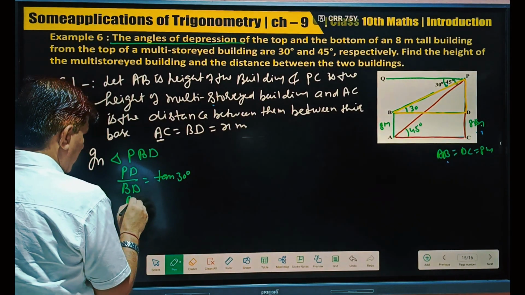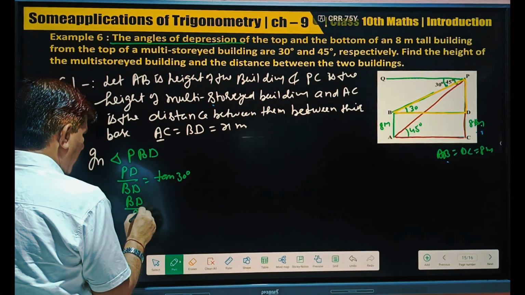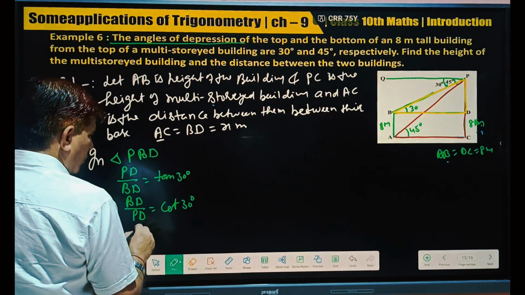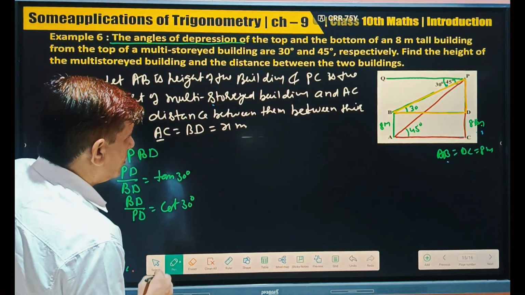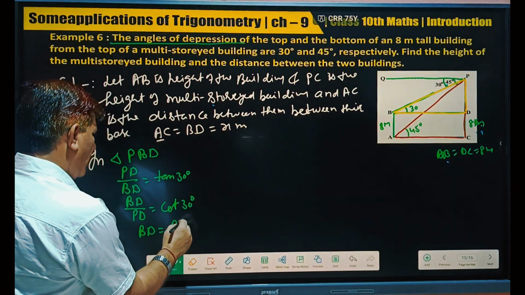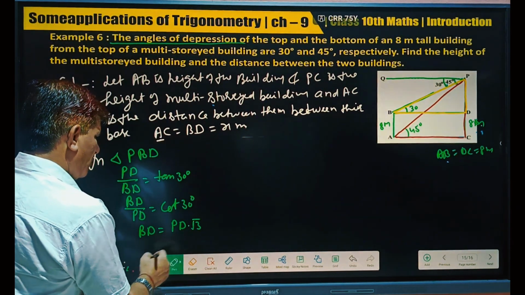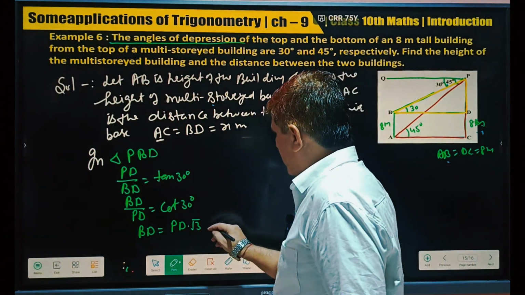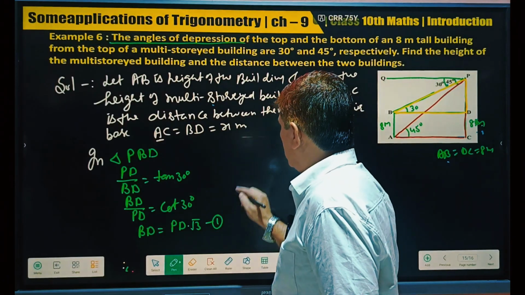And its reciprocal, BD by PD is equal to cotangent 30 degree. So what's your BD? BD equal to PD under root 3. Leave it here. This way we can say 1.